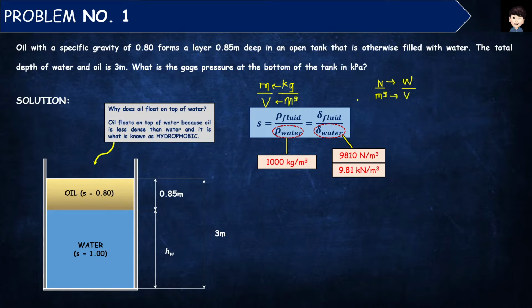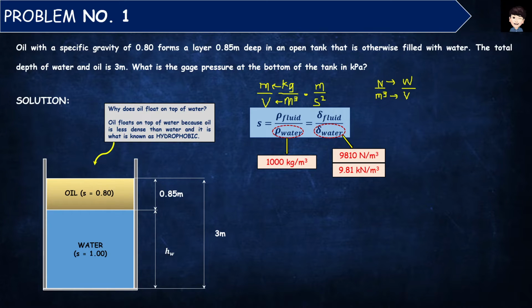Dapat nating mapansin na may i-multiply tayo sa kilogram para maging Newton, kasi pareho naman sila ng denominator. Yun yung cubic meter, so pareho na volume. So ano yung i-multiply natin sa kilogram para maging Newton? So base sa knowledge natin, i-multiply natin ng acceleration due to gravity, wherein yung unit nun ay meter per second square.